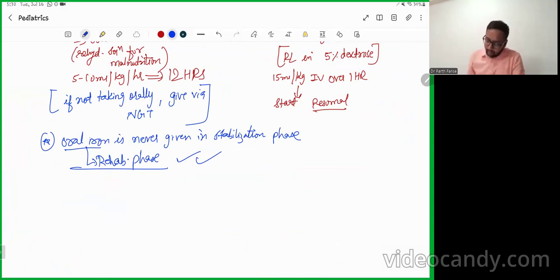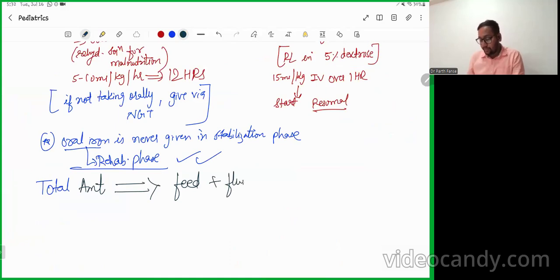So, what will be the total amount we can give to the child? If we talk about feed plus fluid in a SAM child, it will be 130 ml per kg per day.